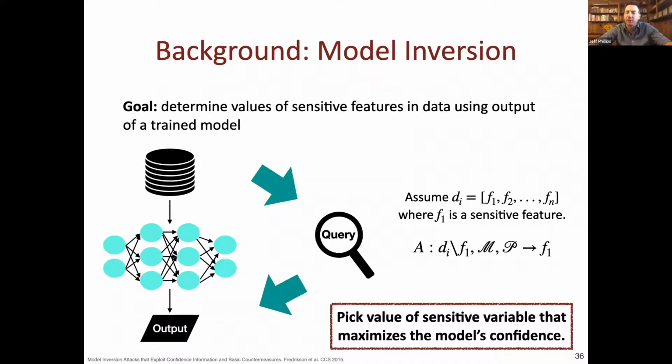What information or operations or queries would the adversary have access to that would even give them any sort of potential to do these sort of model inversion or any other sort of attack?